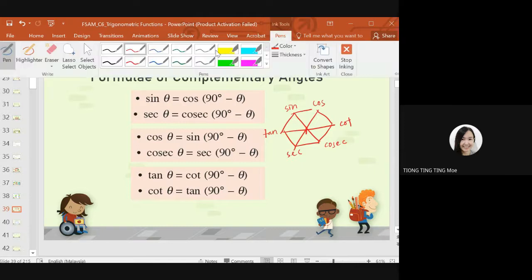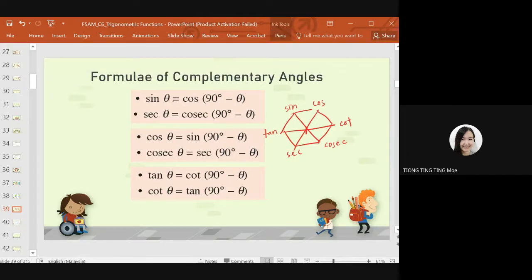Then I change the color of my pen. Sin theta complements with cos. Draw an angle to the right hand side. Sin complements with cos, so sin theta equals cos 90 minus theta. Then draw an angle again to the right hand side. Tangent theta complements with cotangent 90 minus theta.